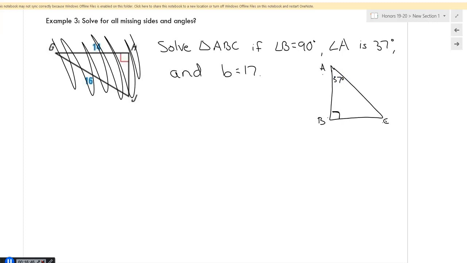And then this little b equals 17. How am I supposed to know where little b goes? Little b is always opposite big B. So the little letter is always opposite of the bigger letter. Okay. So this is the triangle that we are going to solve.